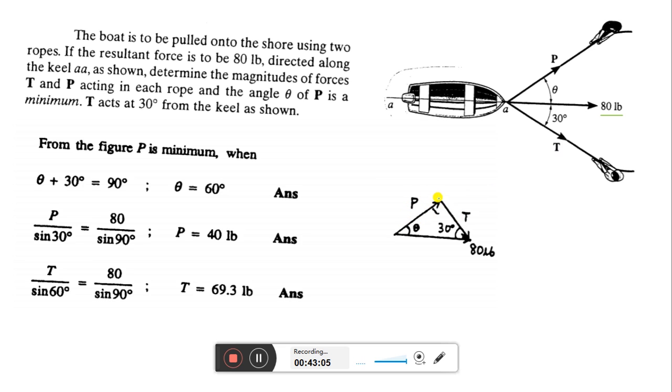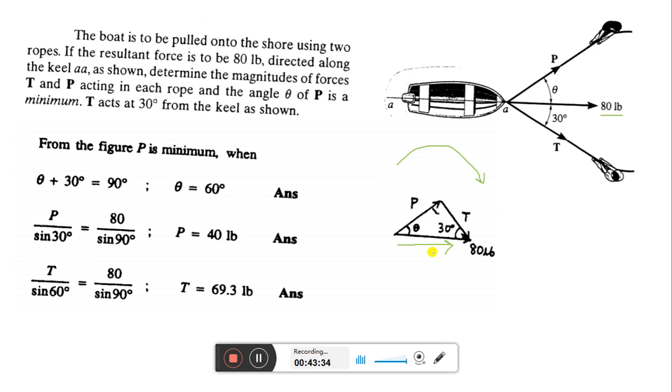Okay, this is P, this is T, and in the opposite direction, okay, this was moving in the clockwise direction and this is in the opposite counterclockwise direction. In the opposite direction, the resultant should be present. Okay, from triangle law we know very well.